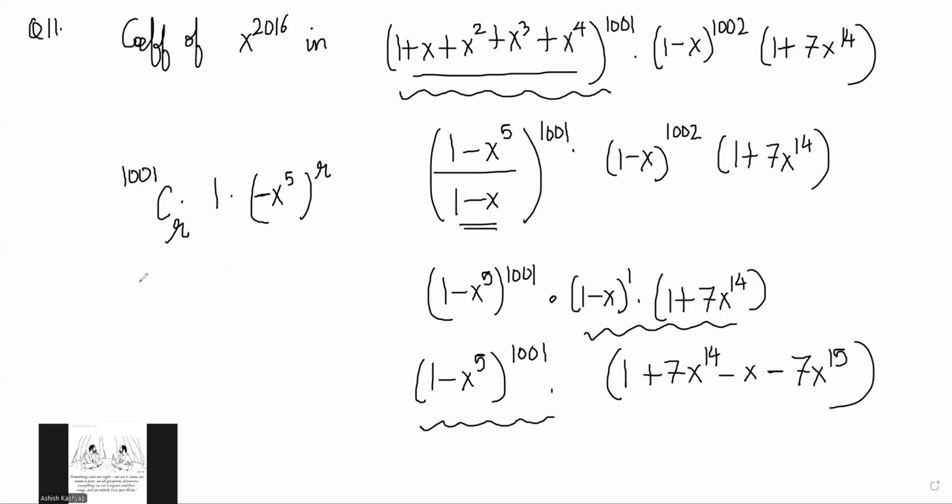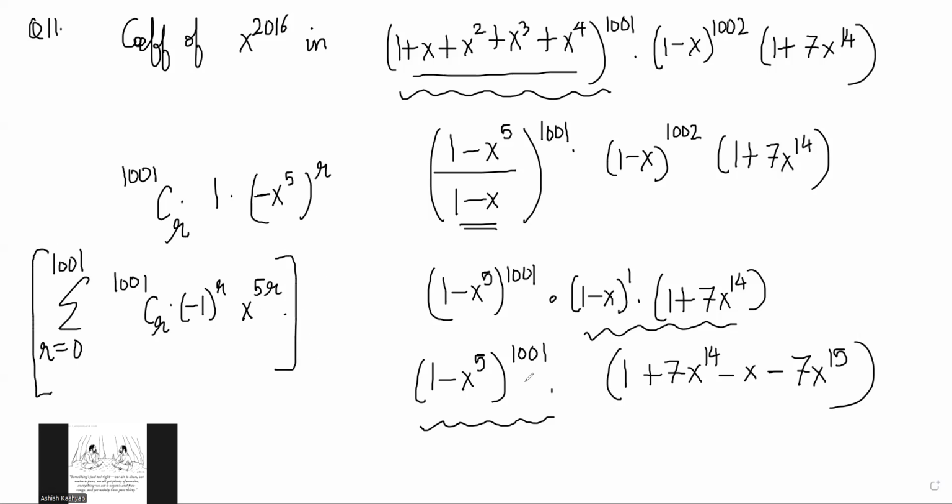So we are getting 1001 C r (−1)^r x^(5r) from here, and r goes from 0 to 1001, right? Outside this sum, we have this polynomial, multiplied by 1 + 7x¹⁴ − x − 7x¹⁵, right?